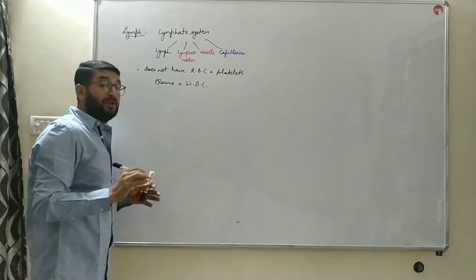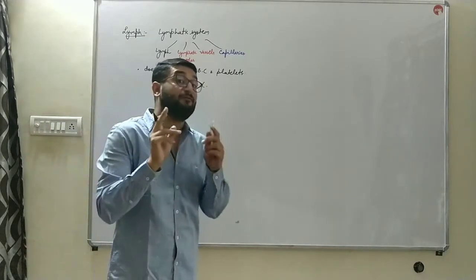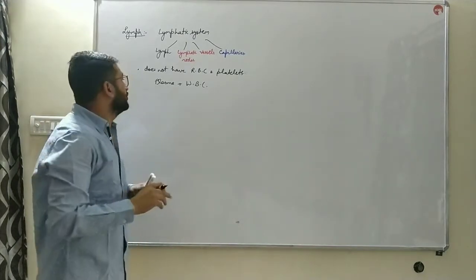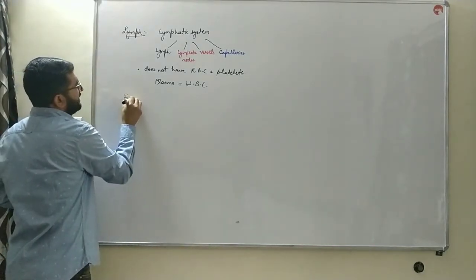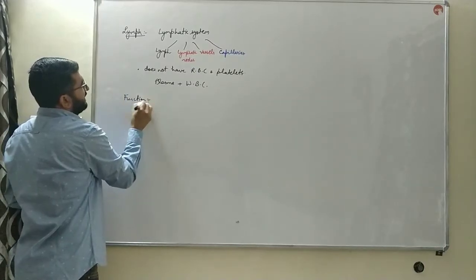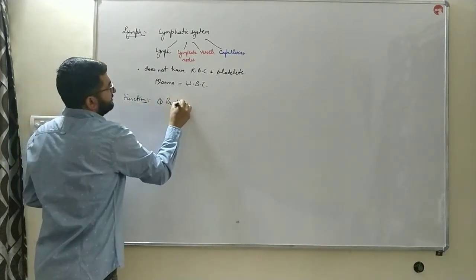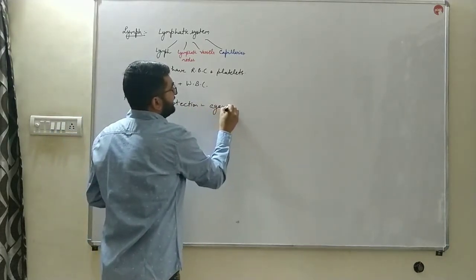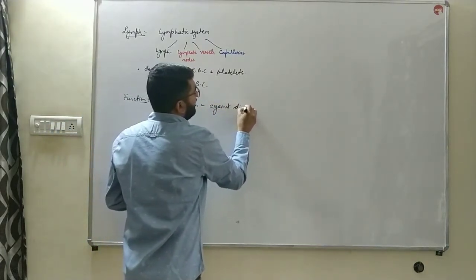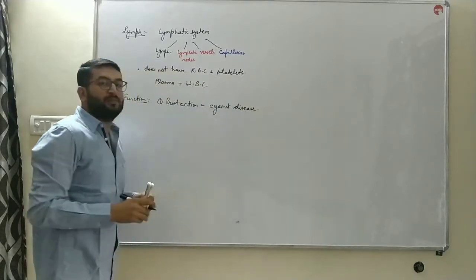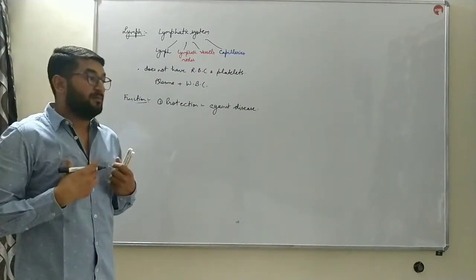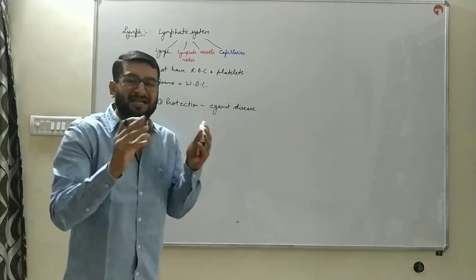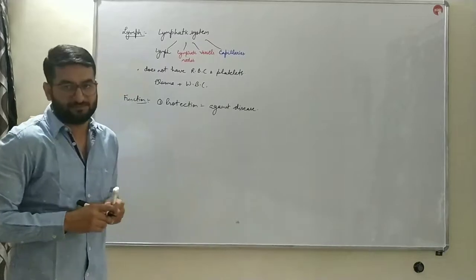In the WBC as well, the leukocyte number is quite low, but the lymphocyte number is quite high. Due to that, lymph provides us protection against diseases, as the lymphocytes are a part of our immune system, so they provide us a mechanism to fight against the pathogens.